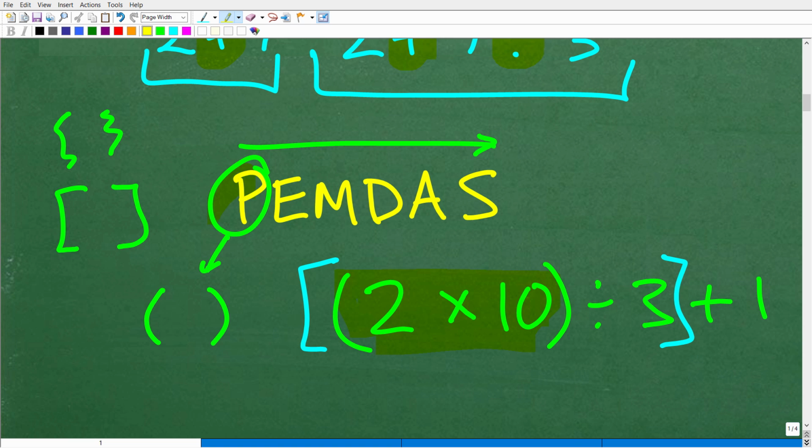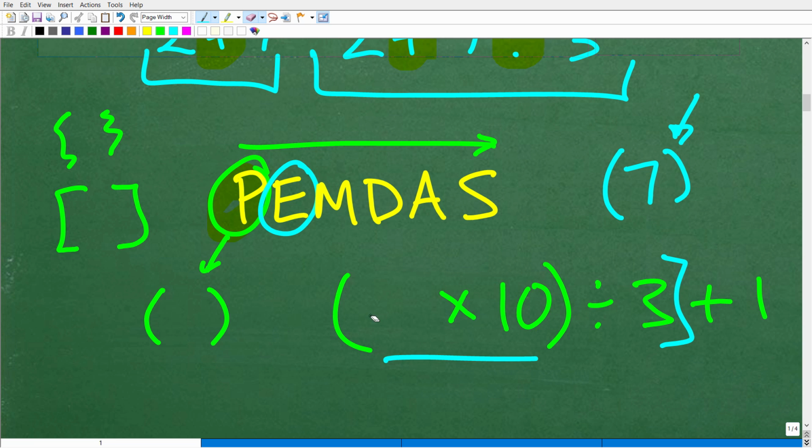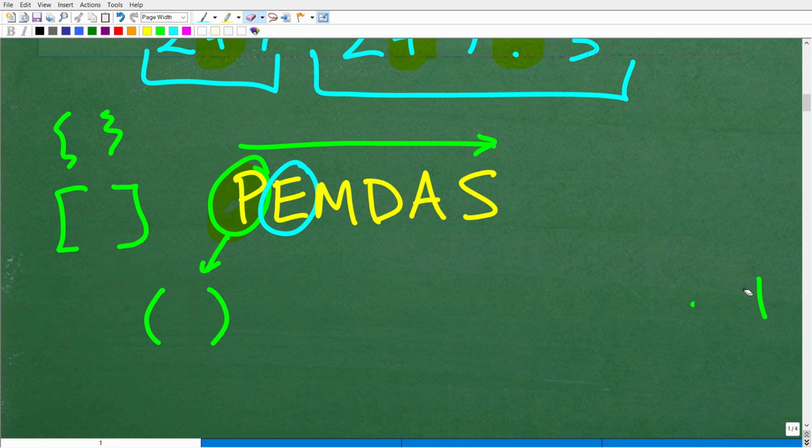Now, this P in PEMDAS means that if there's math to do inside of the grouping symbols, then do that math. But if you have just a number in parentheses, well, there's nothing to do here. So really just move on to the next step, which of course is E, and E stands for exponents, but you can think of this as powers.